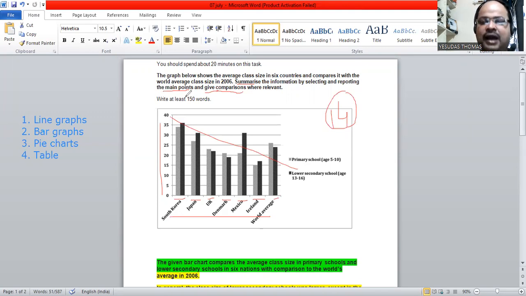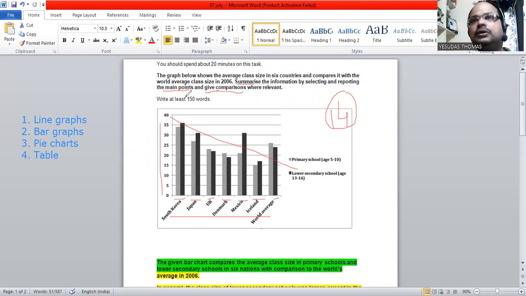First, we have to analyze the task and see whether it is a static chart or a movement chart. Then we have to see the trends there, whether it is increasing, general, decreasing, or higher or lower, more or less, whatever it is.